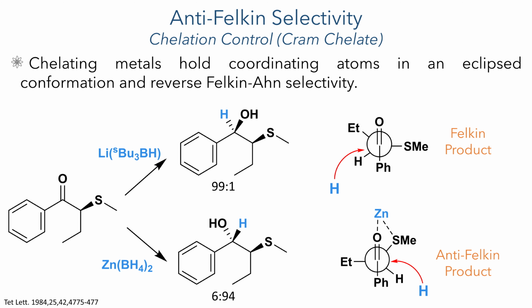Using a zinc-based reagent allows for chelation to occur between the carbonyl oxygen and the sulfur group. This holds these two groups in an eclipsing conformation, and the hydride will now approach from the opposite direction. This chelation control is possible as zinc is a large dicationic metal and readily forms chelation products.